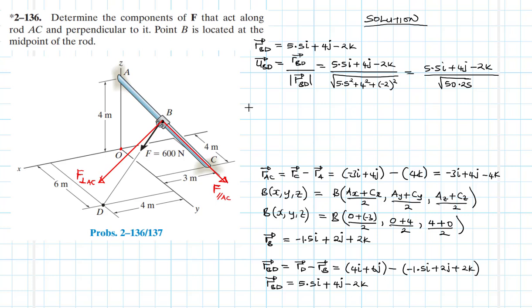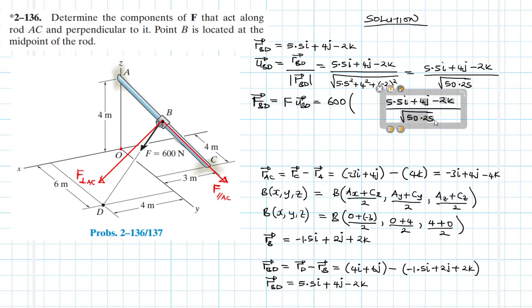All right, we found the unit vector UBD. With the unit vector UBD, we can now convert the force of 600 newtons into a Cartesian vector form, or into a vector force. To do so, we have the following expression. The force vector BD is equal to the force magnitude times the unit vector BD. This is equal to 600 times the unit vector BD, which is this one.